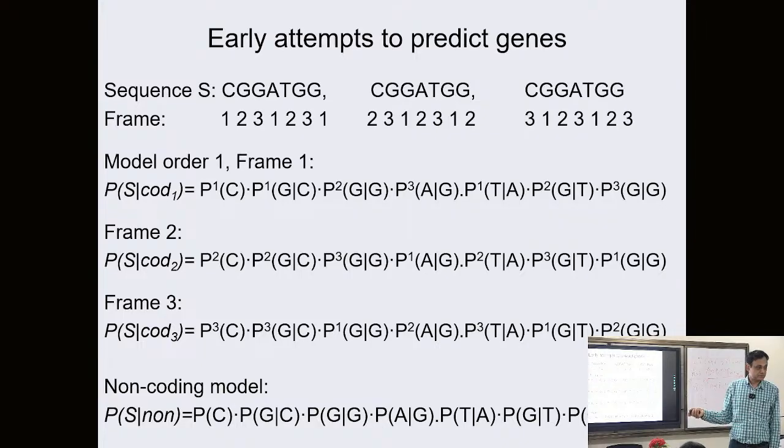Once you have computed these probabilities, then you can plot them. What researchers did earlier was that they moved a window over a genome and computed the probability of the sequence within the window to be protein coding in one of the 3 reading frames, or to be non-coding.